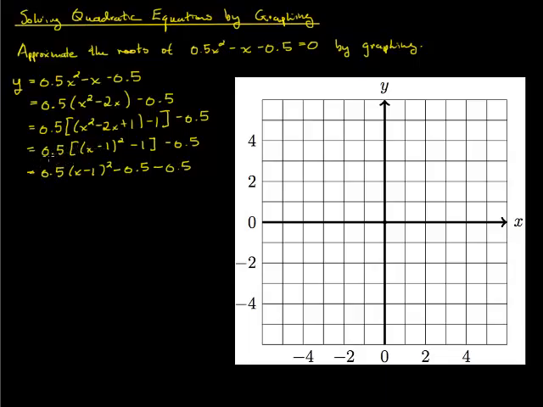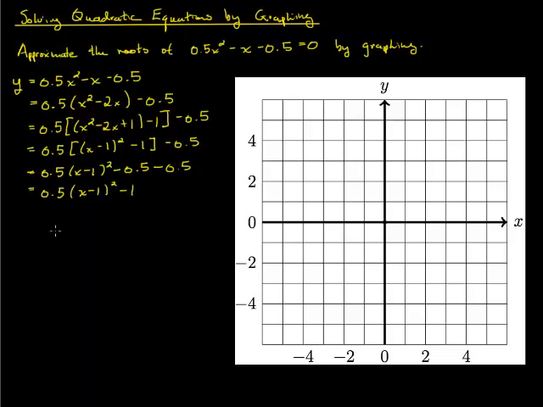I got rid of the square brackets by multiplying x minus 1 squared by 0.5 and then multiplying negative 1 by 0.5 as well, where I use the distributive property. Now I can simplify this. I can combine negative 0.5 and minus 0.5 to give me minus 1. So I'll have 0.5 times x minus 1 squared minus 1.